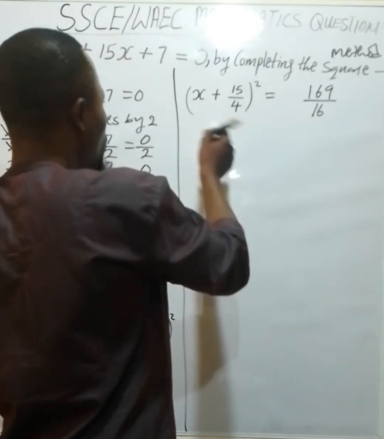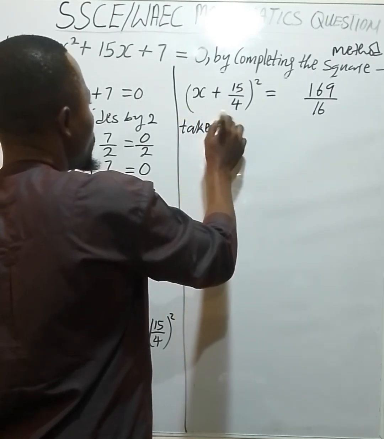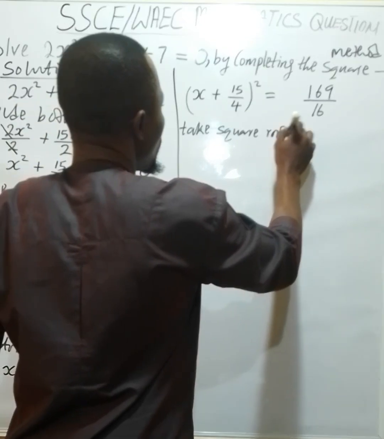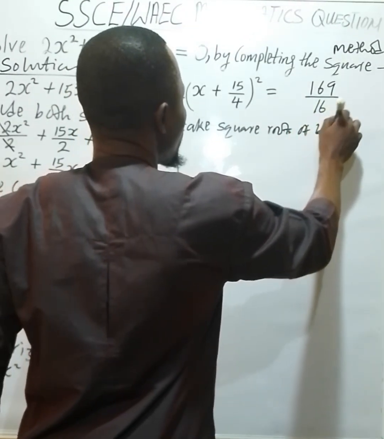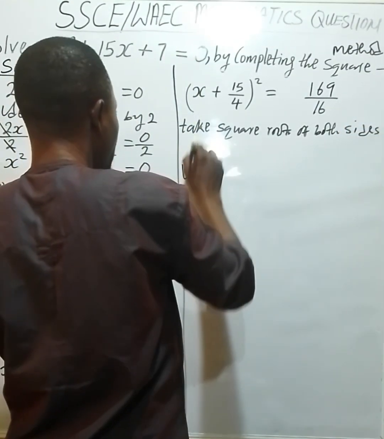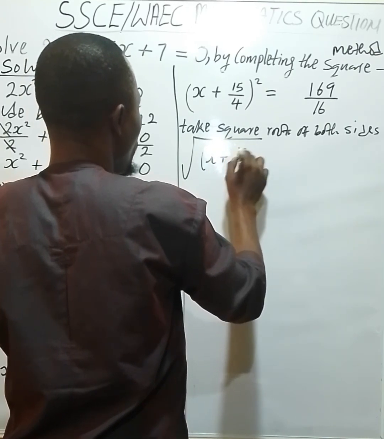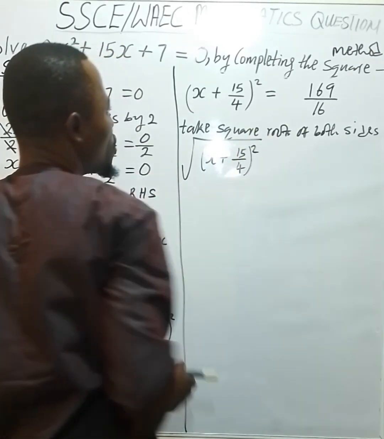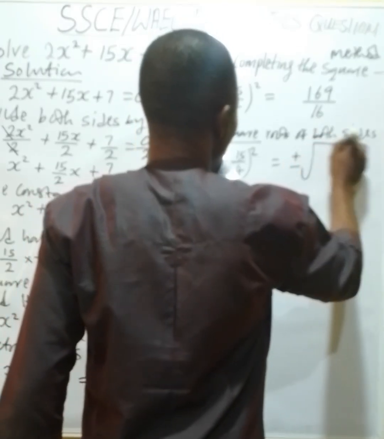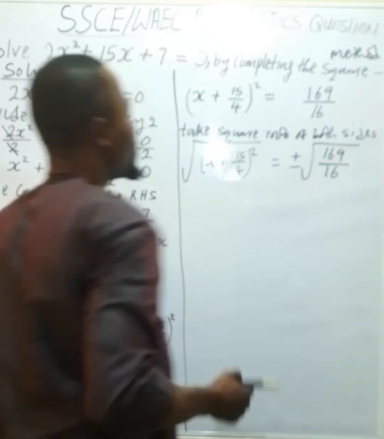When you want to cancel the square, you now say take the square root of both sides. So it will now give us something like this: square root of x plus 15 over 4 raised to power 2 equals plus or minus square root of 169 over 16.